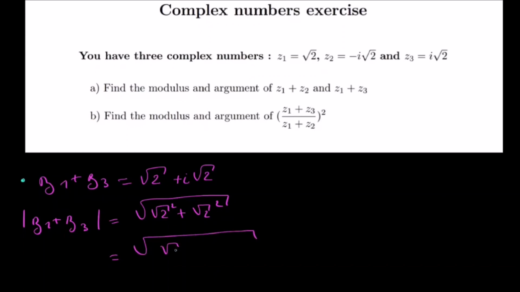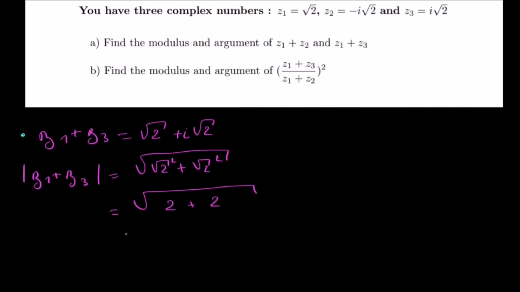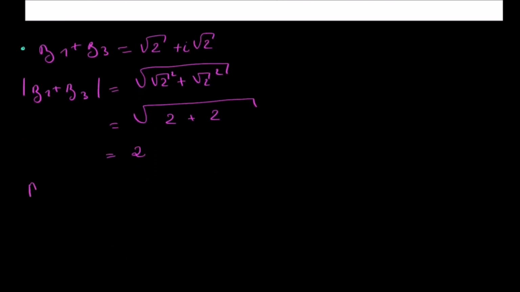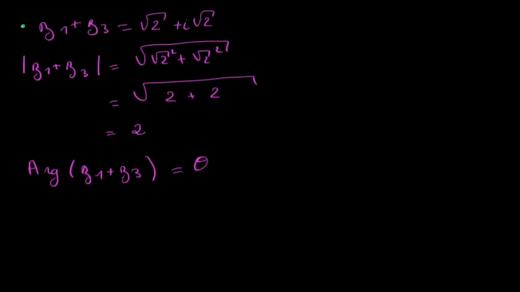Root 2 squared equal 2 plus root 2 squared equal 2. So we have the same modulus, which is 2. Then the argument of z1 plus z3 equal theta. So we have to find the theta like we did before.